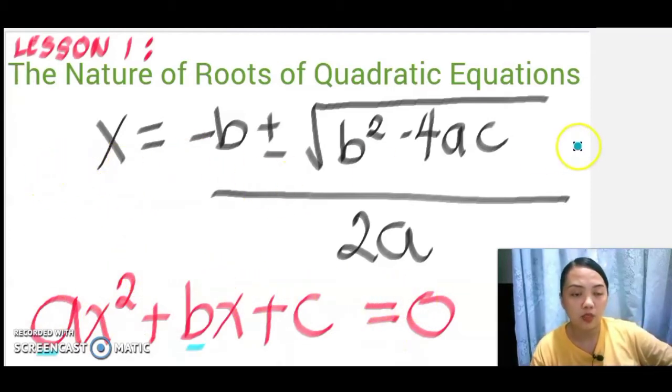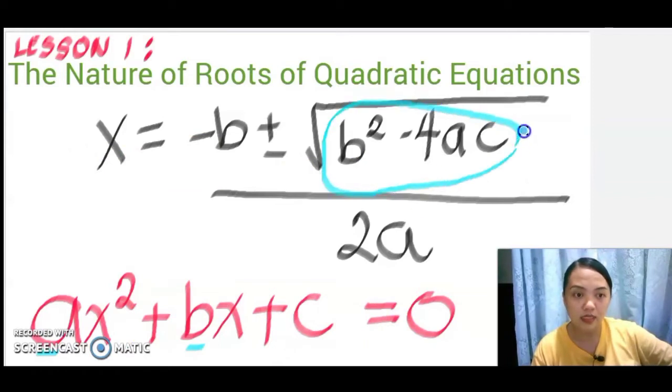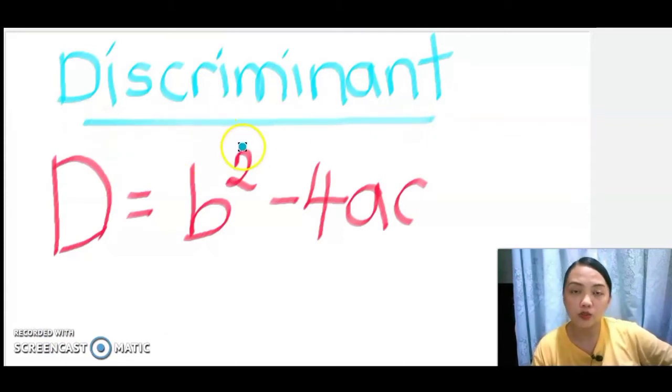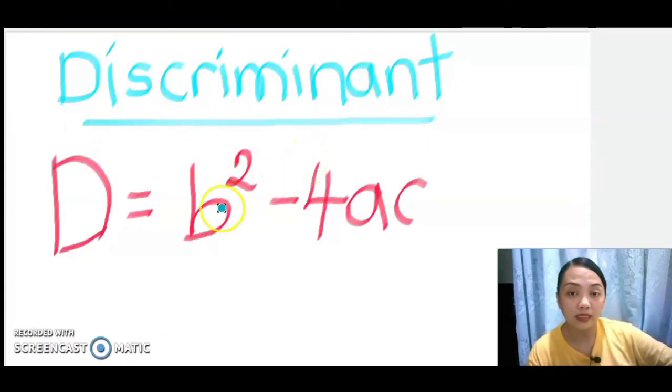In the quadratic formula, meron nasa loob ng radicand, b squared minus 4ac. Yan ang tinatawag nating discriminant. Ano ba yung discriminant? Ito yung tumutukoy sa nature of roots ng quadratic equation.